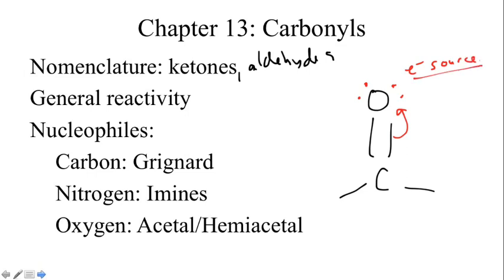Electron sources, as you hopefully remember, can be a Lewis base, Bronsted-Lowry base, or even a nucleophile as a potential reaction. The carbon, having lost electrons, now wants electrons, so it can act as a Lewis acid or an electrophile. Can't really make it as a Bronsted acid because it doesn't have hydrogens.